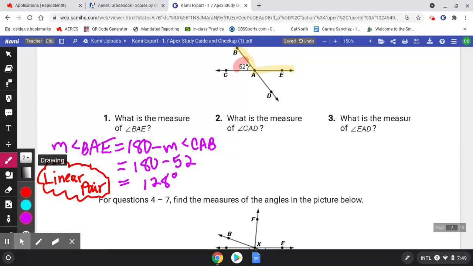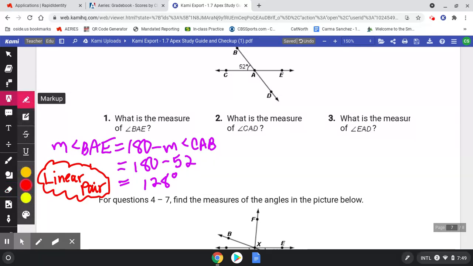What is the measure of angle CAD? So this time we're going for this guy.